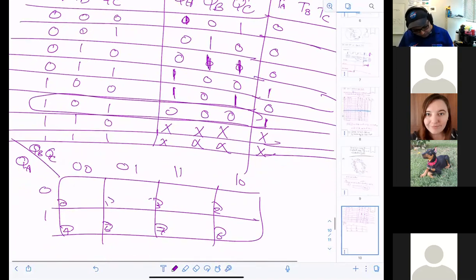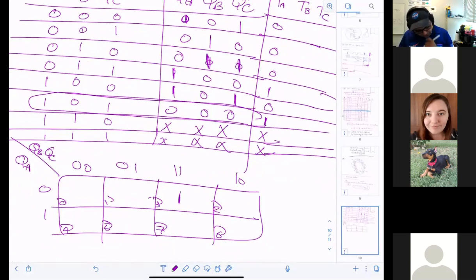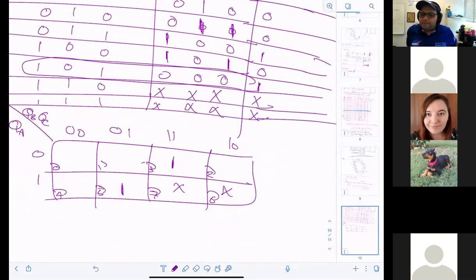So that's actually location 3, and locations 5, 6, and 7. What should we do? Two groups, exactly. So now we are appreciating this X or not? That makes sense?